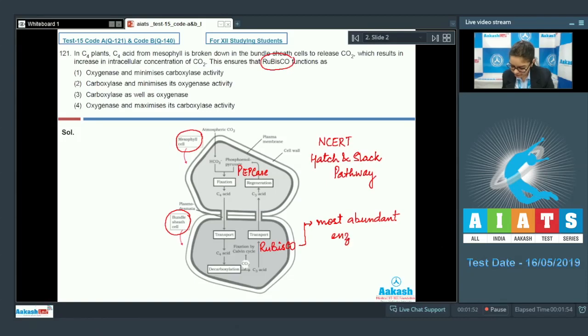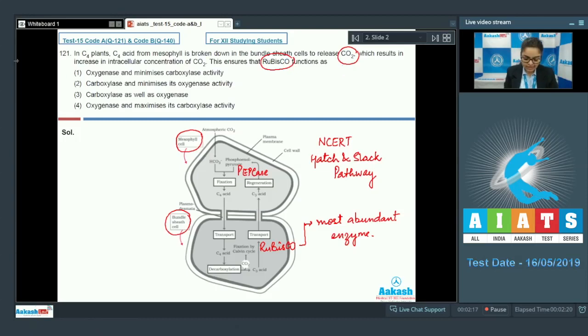Also, it has an active site for binding to carbon dioxide and oxygen. But you know what? It has much more affinity for binding with carbon dioxide. So as you can see in the question, what they have mentioned, C4 acid from mesophyll is broken down to release carbon dioxide.